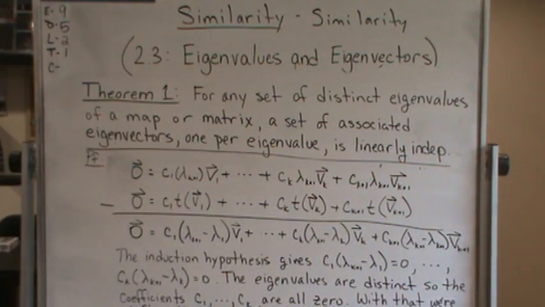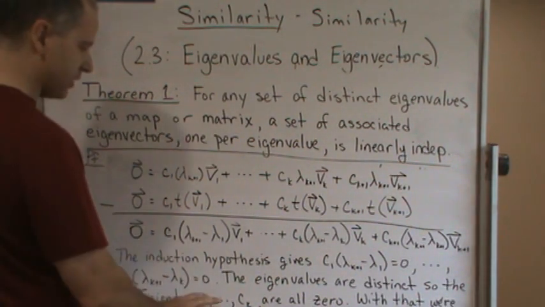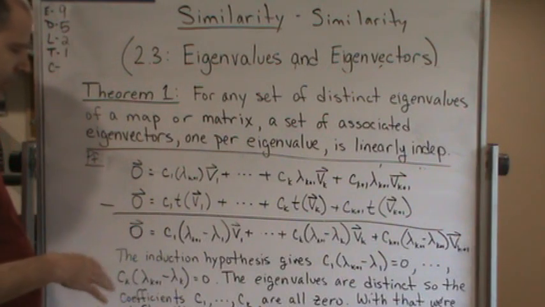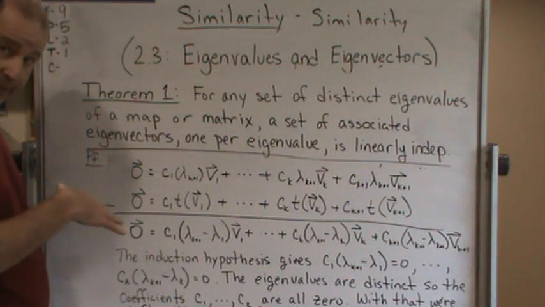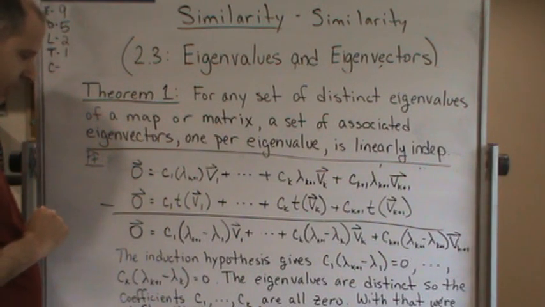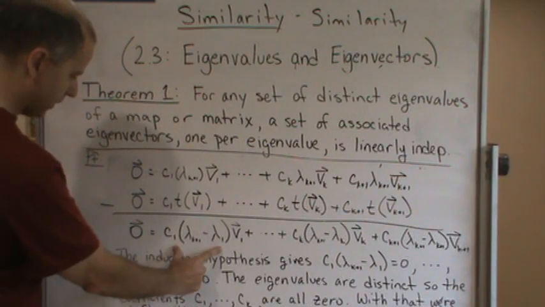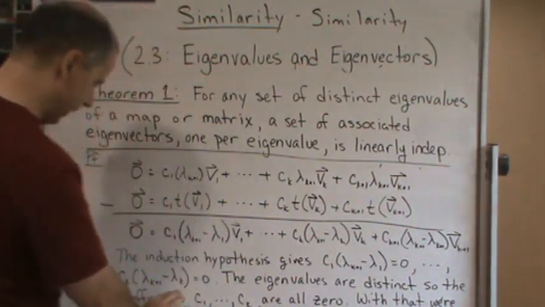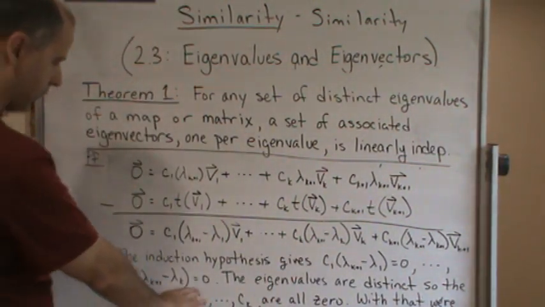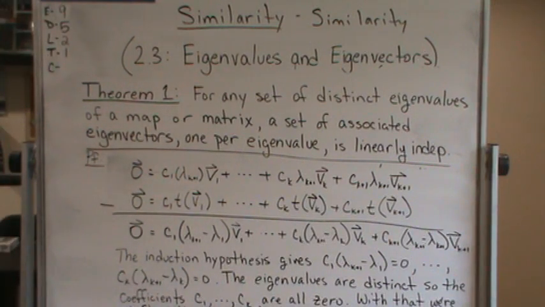Now, when we apply the induction hypothesis, we're assuming that for k distinct vectors, they are linearly independent. So that means all of these coefficients are 0, right? That's what I wrote down here. All of the coefficients are equal to 0.